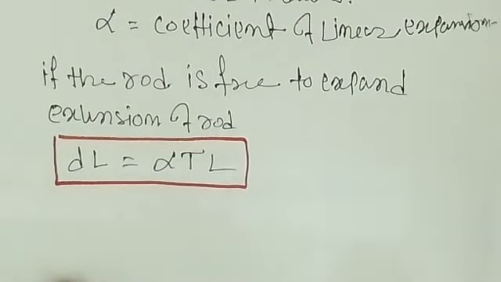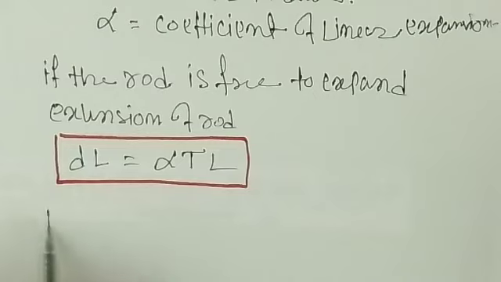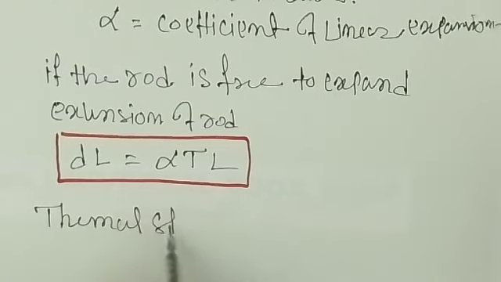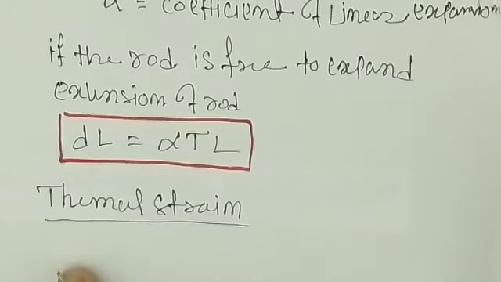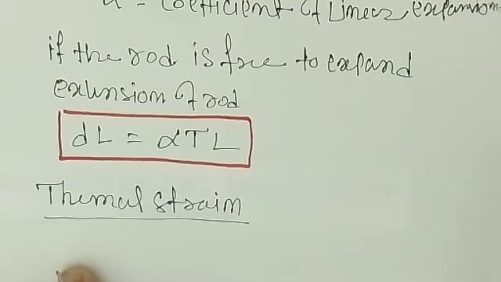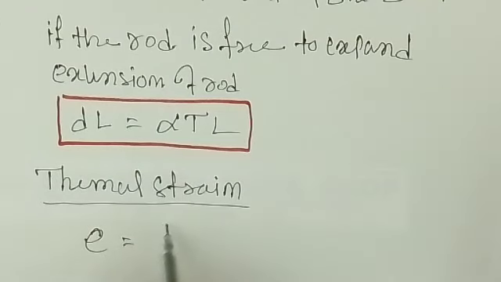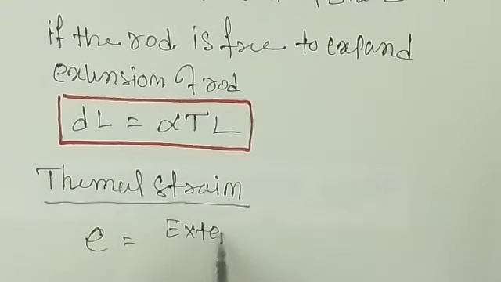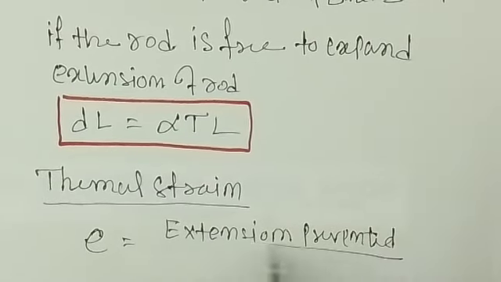Now you can find the thermal strain. Strain is the extension, or change in length, divided by the original length. For thermal strain, we consider that one end is prevented, meaning we are preventing the expansion. So thermal strain, epsilon, is equal to the extension prevented divided by the original length.